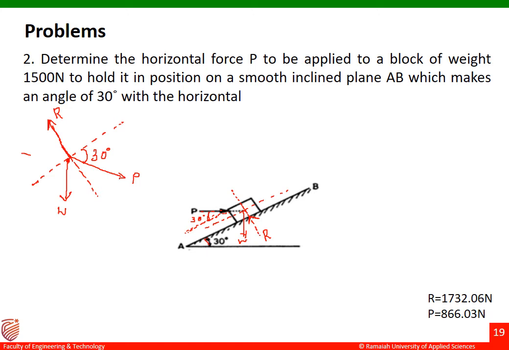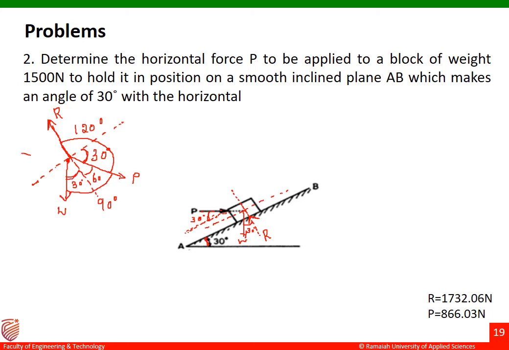The angle between R and horizontal is 90 plus 30, so this will become 120 degrees there. Now if this is 30, this will also be equal to 30 degrees. Now if this is 30, this will become 60 degrees. So the total angle made by P and W is 90 degrees here.